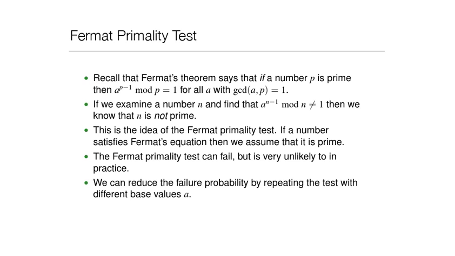There are tests to find whether a number is prime or not. One test is the Fermat test, and using that sort of test, given a number, we can find whether it is a prime number or a composite number.